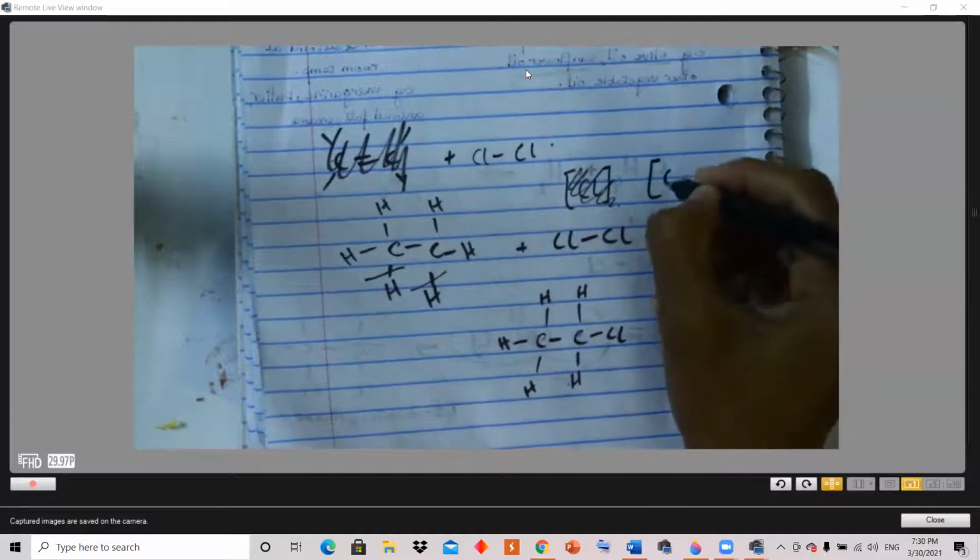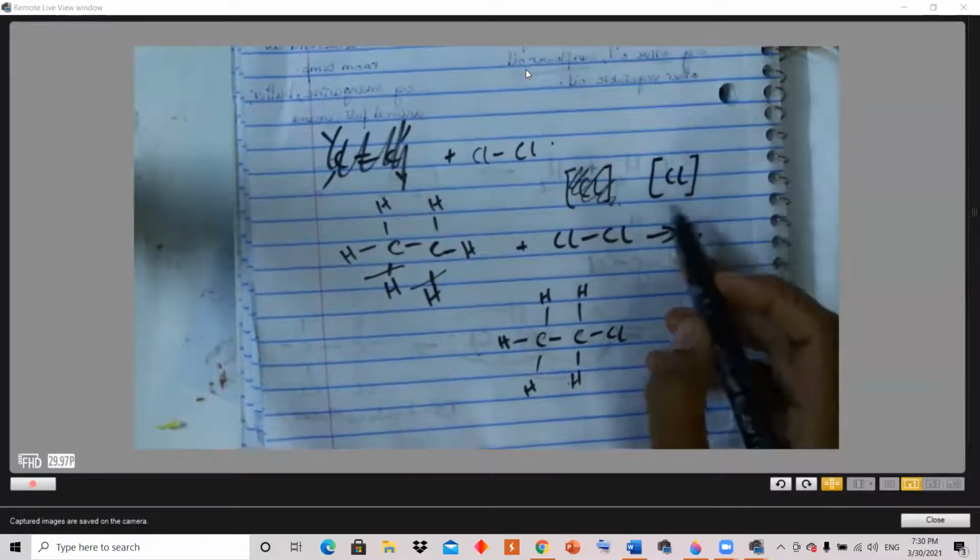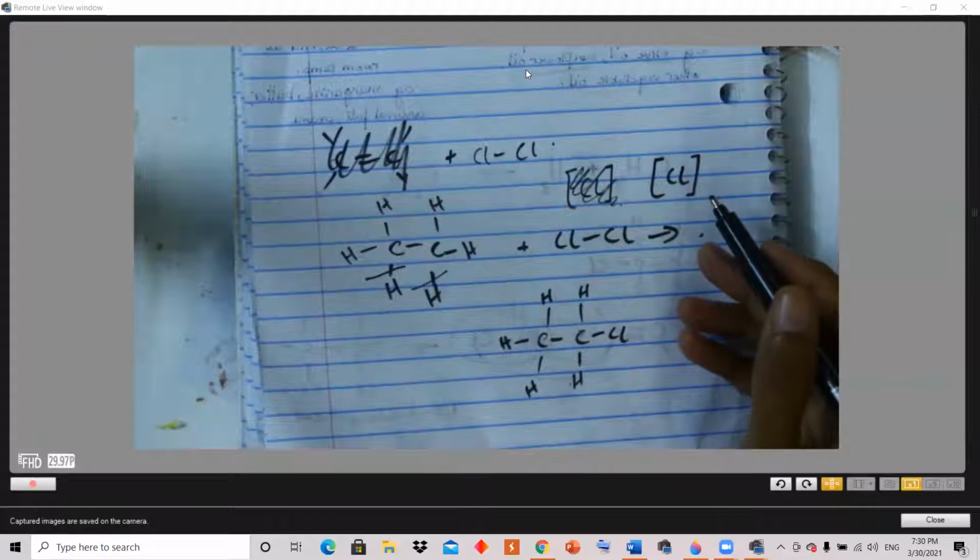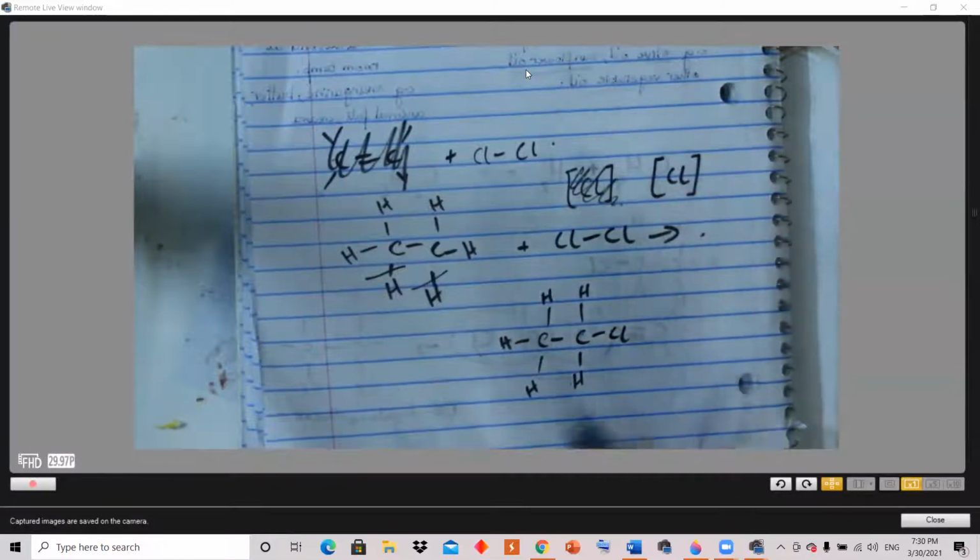Square brackets would mean free radical. What's a free radical? Does anybody remember? It is the atom. Yes, you are correct, it is an atom.